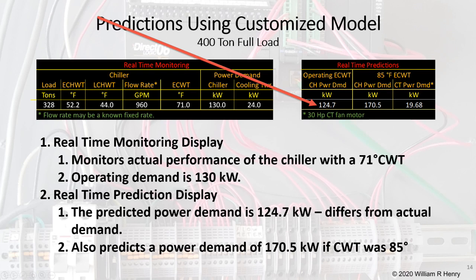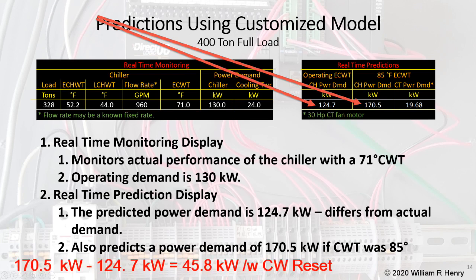Most likely, the chiller barrels are dirty and need to be cleaned. The real-time prediction display also predicts what the chiller power demand would be if the condenser water temperature was the design temperature of 85 degrees Fahrenheit. A simple calculation will show that this optimized chiller, which is 82% loaded, is saving 45.8 kilowatts. So, we have a diagnostic metric and a metric to evaluate performance.